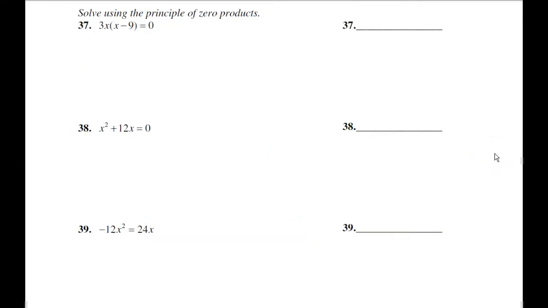We've skipped a couple, but I want to take you to this next part, which is going to be very, very important. Now you recall way back in the beginning, we had seen something like this, that a times b equals 0. And if you recall, we said that was the principle of zero products.